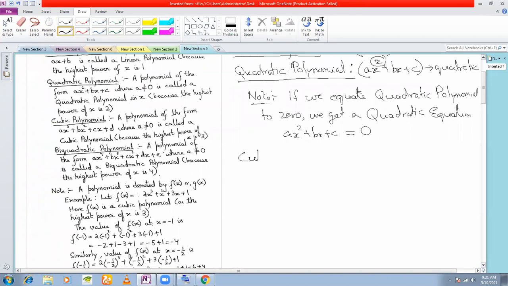Next is the cubic polynomial. This algebraic expression, where the highest power of x is 3, is called a cubic polynomial.